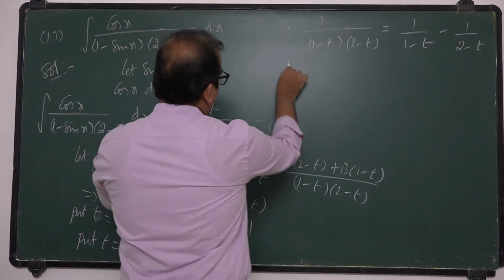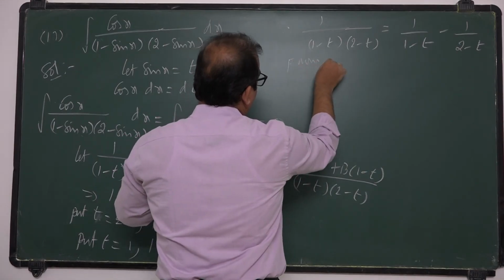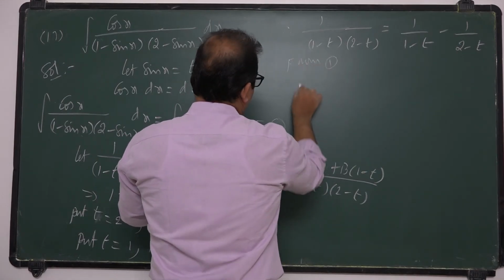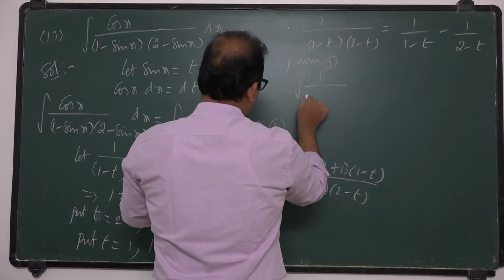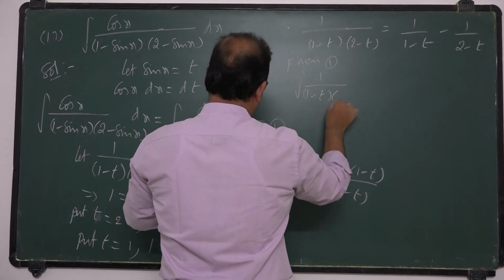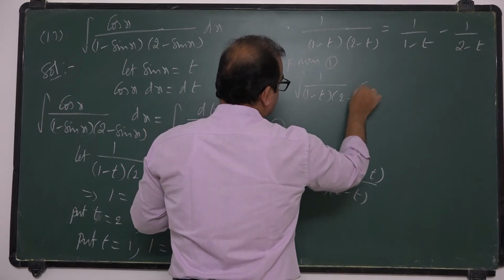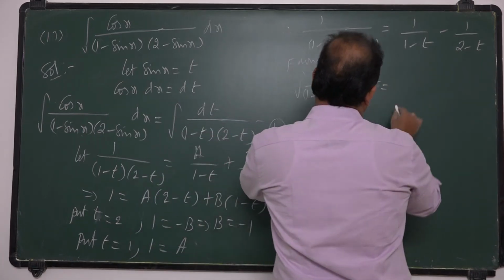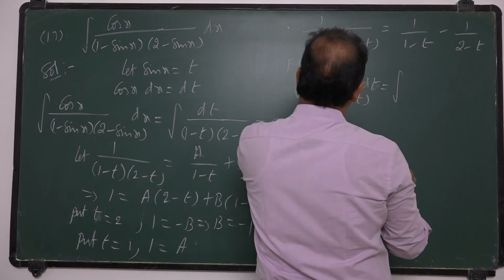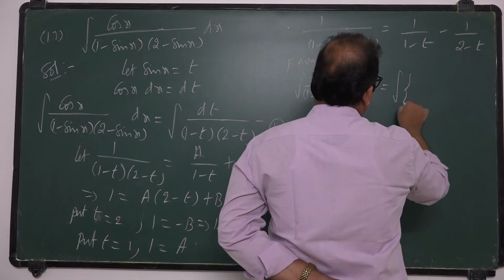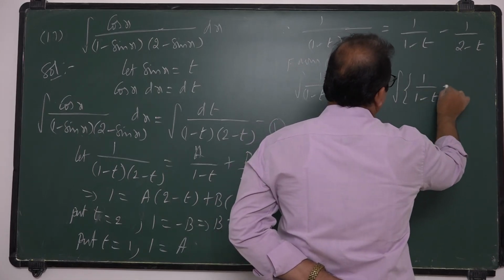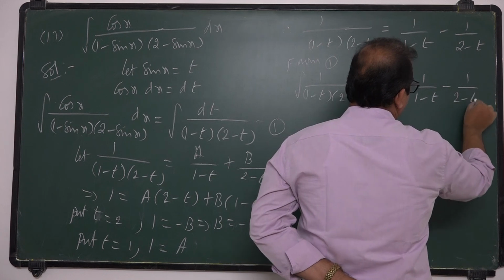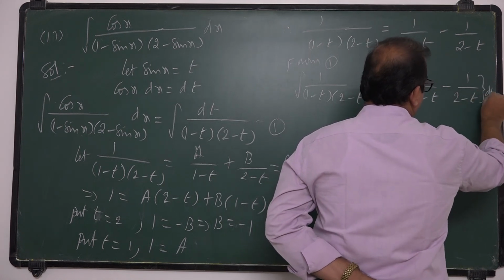From equation 1, integral of 1 by 1 minus t into 2 minus t is equal to integral of, what is this value? 1 by 1 minus t minus 1 by 2 minus t dt.